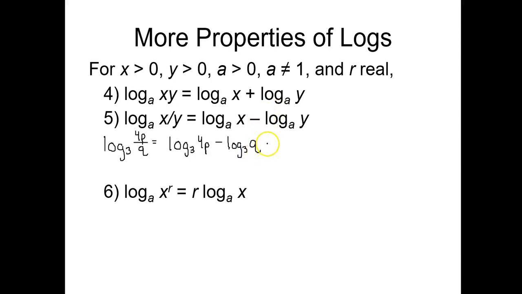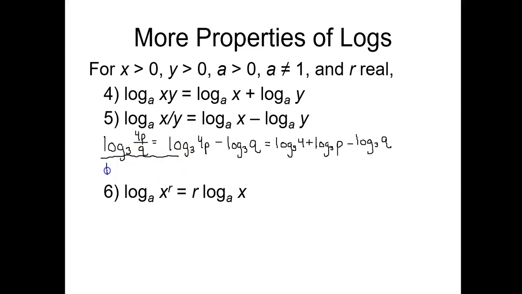And also knowing property number 4, you can take this log base 3 of 4p and rewrite that as log base 3 of 4 plus log base 3 of p, and then you still have that minus log base 3 of q. So there's that one.